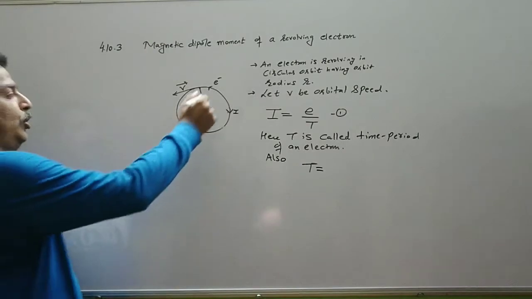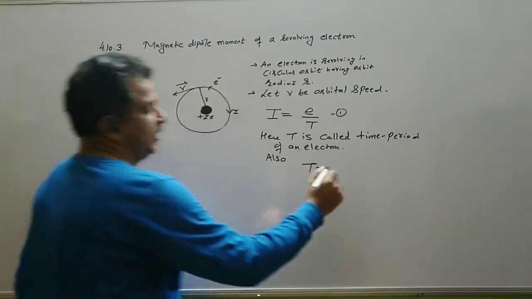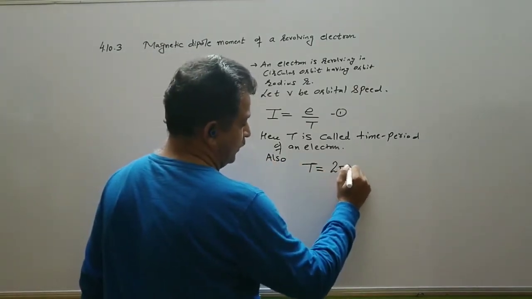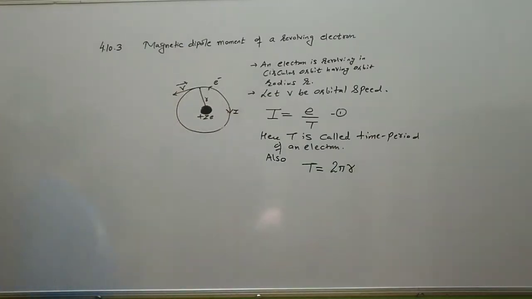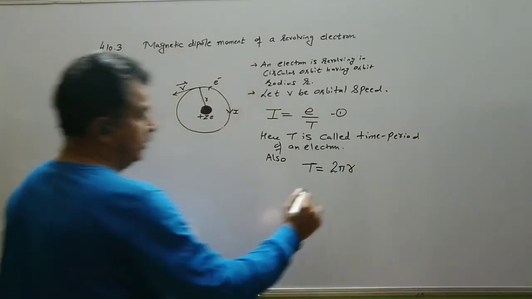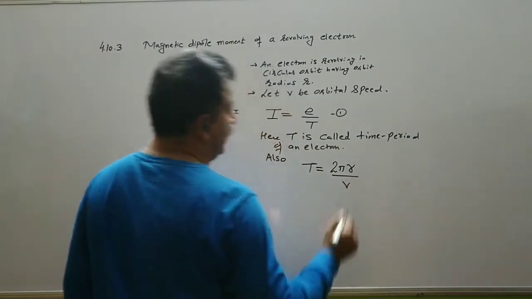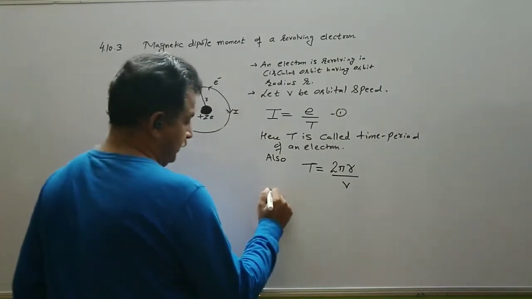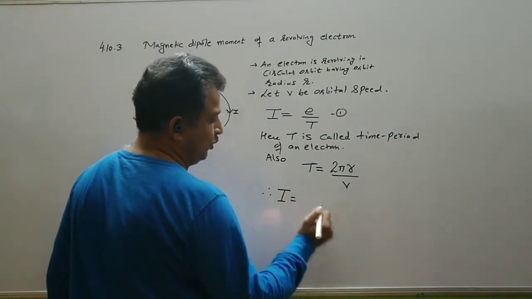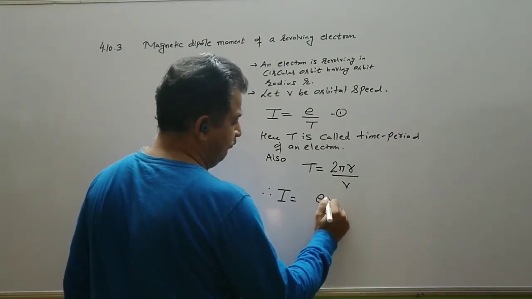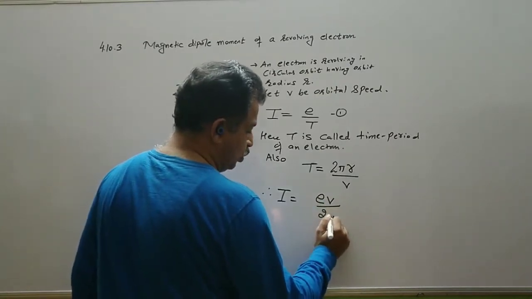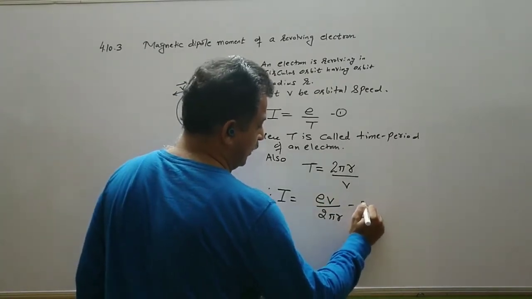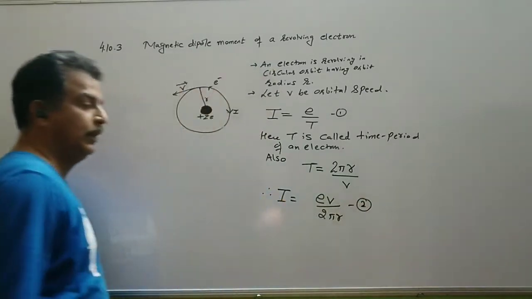So when the electron makes one revolution, the distance is 2 pi r. So the distance covered is equal to the circumference, and the speed is denoted by v, that is the orbital speed. Therefore, I is equal to ev upon 2 pi r. So this is our equation number 2.